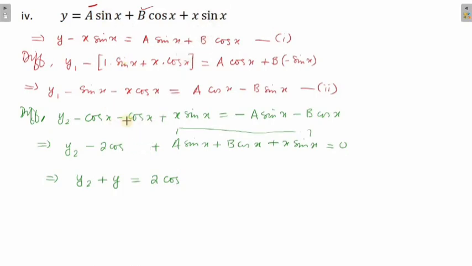So we have got my second order differential equation. Now do we have any constant here like a and b? No, right? So that's why we say this is the required differential equation. Simple. Pause the video and note down your solution.